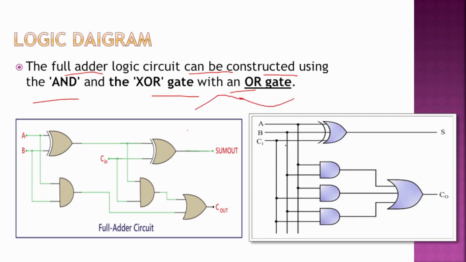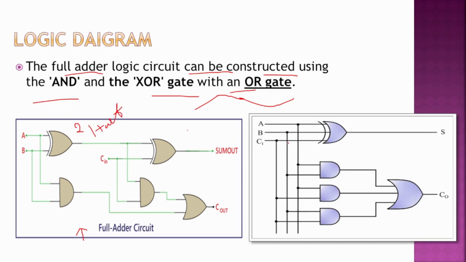Either you can draw the ABC with a 3 input XOR gate, or you can construct two half adder circuits to provide a full adder circuit. So this logical diagram is constructed by using two half adder circuits.